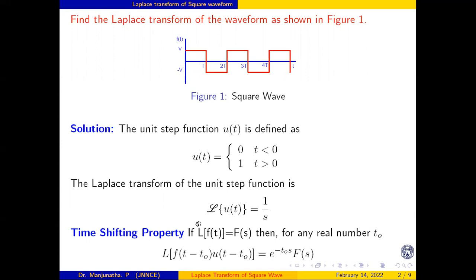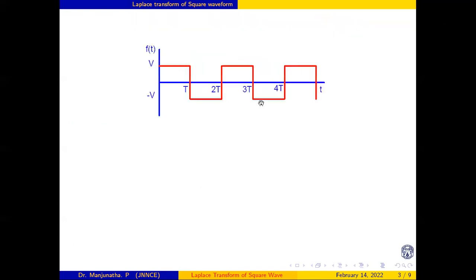It says that if the Laplace transform of f of t is F of s, then for any real number t naught, the Laplace transform of f of t minus t naught times u of t minus t naught will be equal to e to the power of minus t naught s times F of s. So this will be the delayed one. We are going to make use of this property to find the Laplace transform of this waveform.